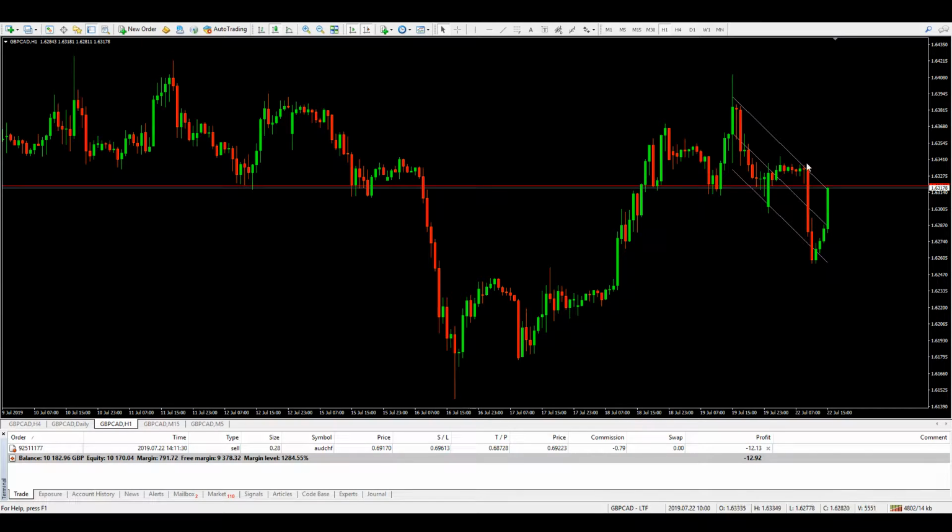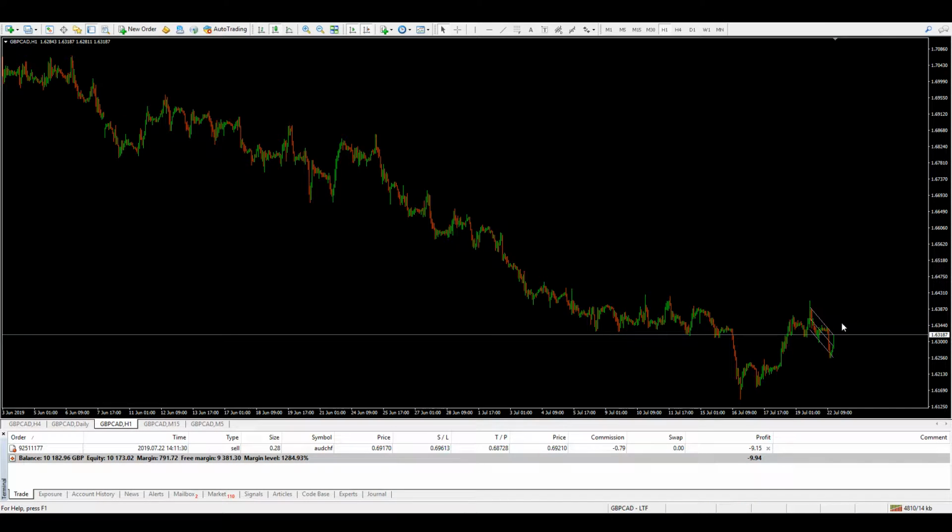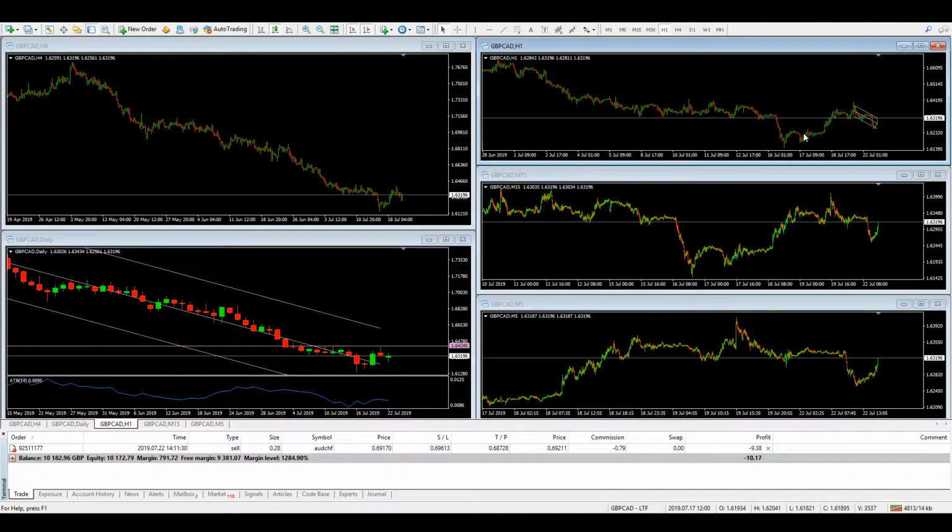What I would anticipate is that the price starts to fall away from the level that it's at now, because you can see it's hitting an extreme. And the way I would position this is looking to short it with the protective stop above this level. In fact, above these highs here.